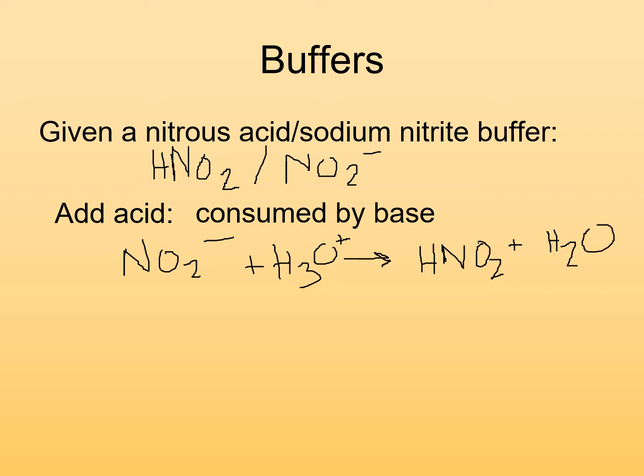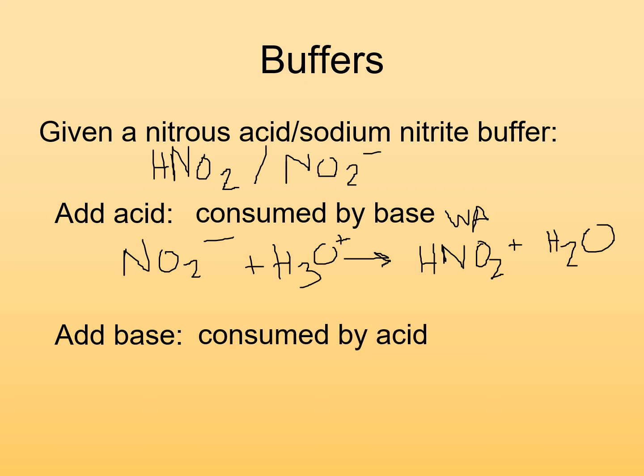So it neutralized the acid particles, producing that weak acid that's also part of our buffer. And then yet again, it's always going to produce water. So whenever you have an acid added into your buffer, it's going to react with the base part, producing a weak acid and water.